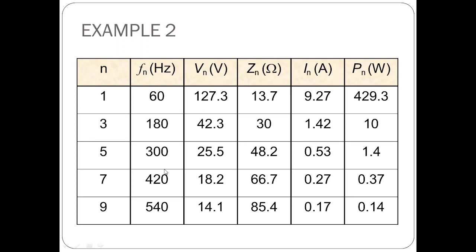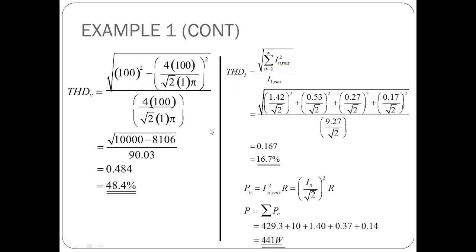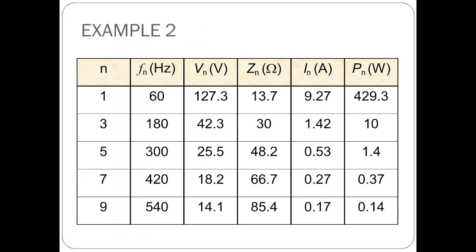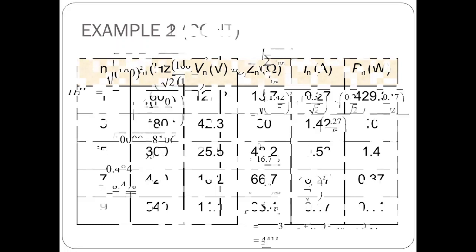As the frequency is increased, the voltage gets reduced, and for different values the total harmonic distortion can also be calculated. But before that, we are calculating the power, and the power is like this. The power is reduced to 0.14 when the frequency is 540 Hertz.